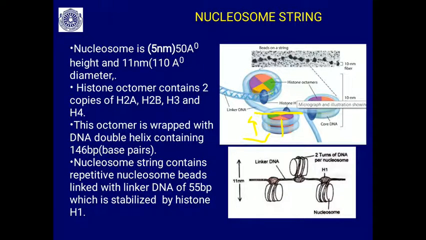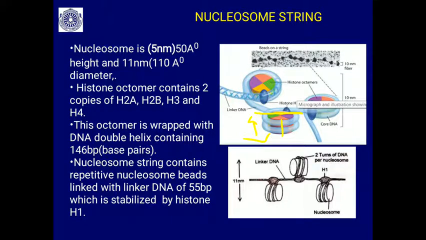The histone octamer, as I already mentioned, contains 2 copies of H2A, H2B, H3 and H4. This octamer is wrapped with a DNA double helix containing 146 base pairs.